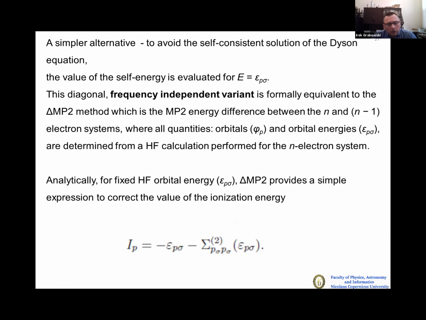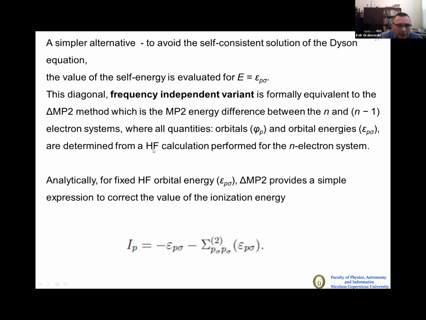But if you want to avoid the self-consistent solution of the Dyson equation, we can calculate the value of the self-energy in a single-step calculation after Hartree-Fock, fixing the Hartree-Fock orbital energy by the self-energy correction calculated for a given orbital energy.